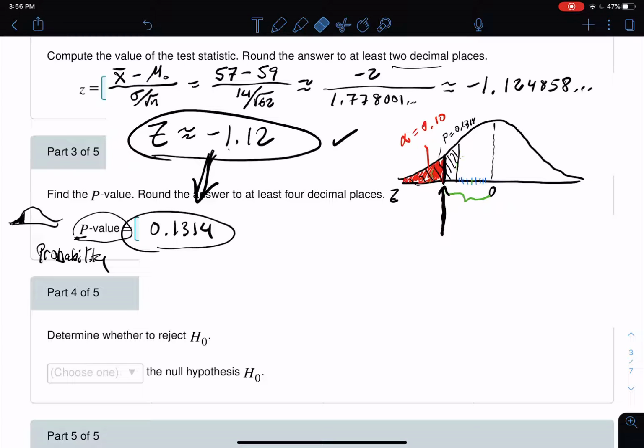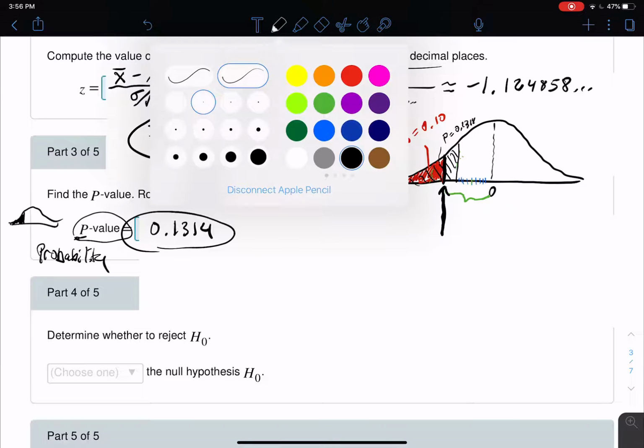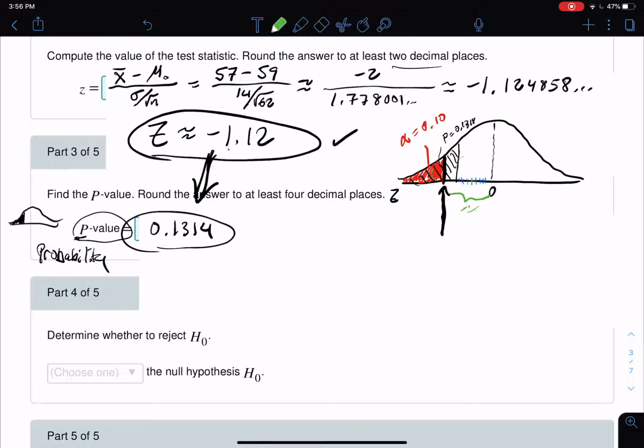Notice it is in my fail to reject area. It's not far enough over. It's only up to there, which means the area to the left of that is bigger than the red area. So I'm not going to reject.